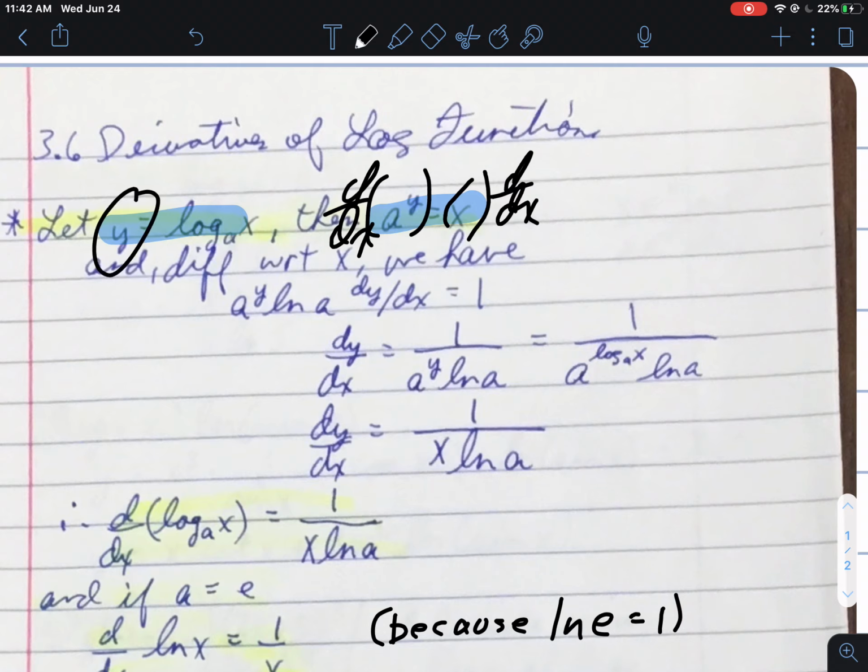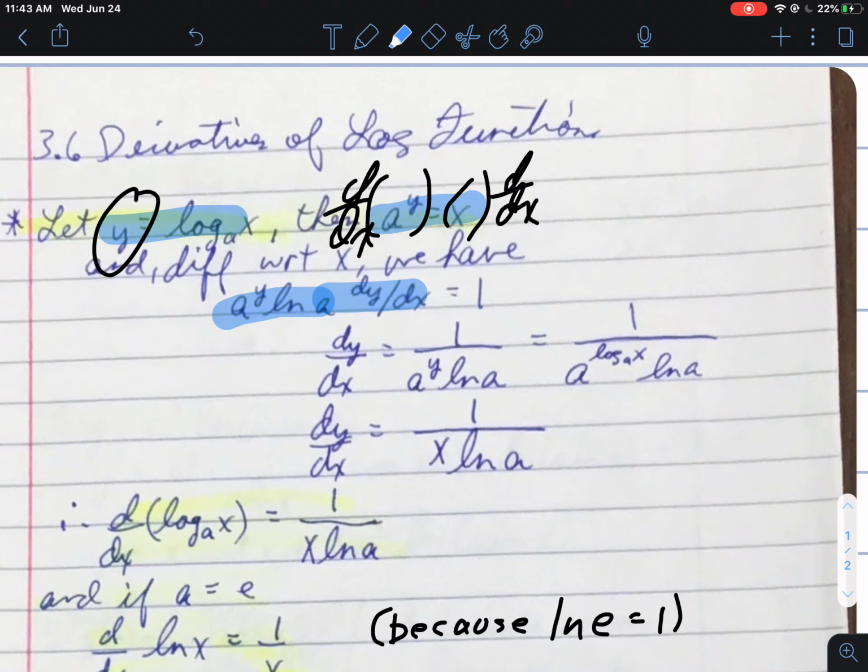With respect to x, the derivative of a to the y, remember that's our exponential function base a, is the function times the natural log of its base. Then the chain rule says for exponential functions I also have to multiply by the derivative of the exponent, which in this case is y, so dy/dx.